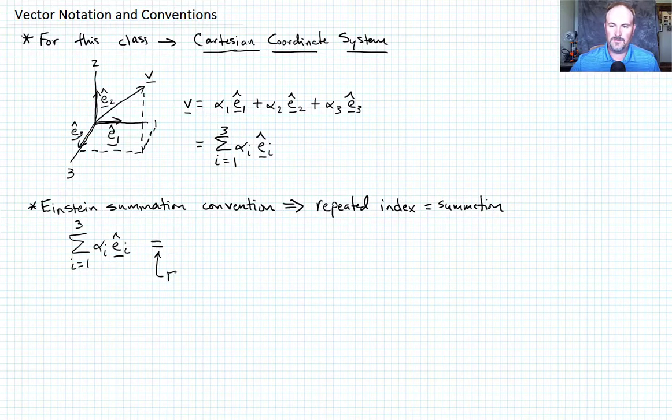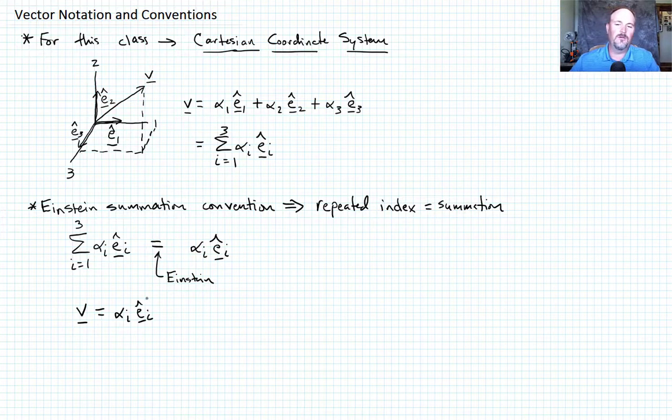So if I use Einstein, then I would write that as alpha I EI. And I drop the sum because the sum is implied by the repeated indices. Okay? So using that, I could then write my vector V is equal to alpha I EI.